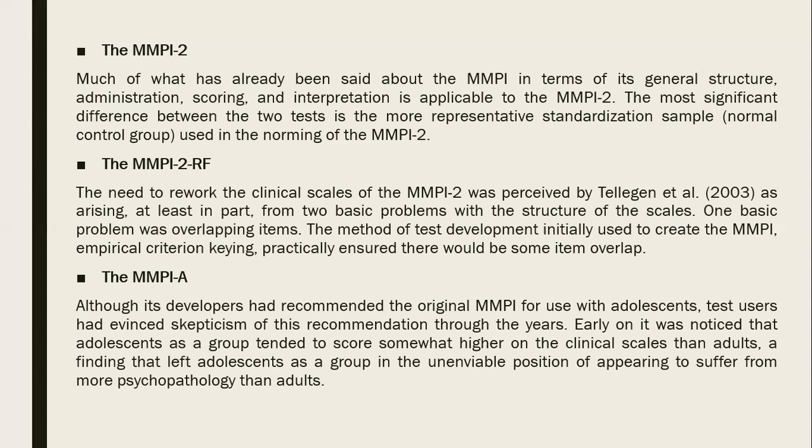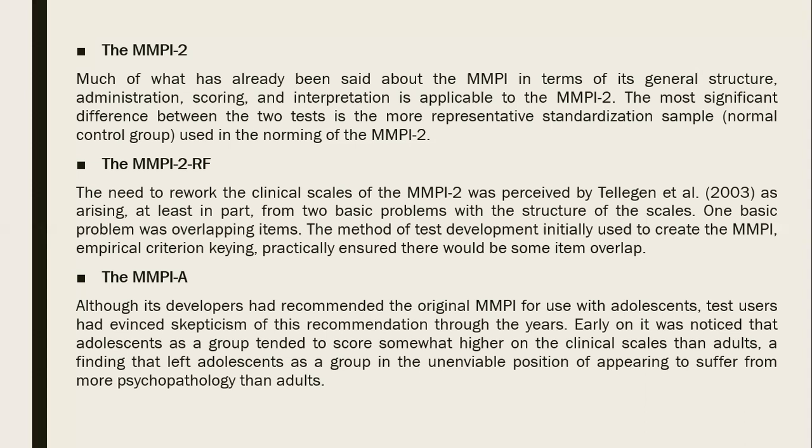The MMPI-2-RF provides accurate measurement of 40 dimensional constructs related to personality and psychopathology, with an additional 9 scales measuring protocol validity, or the individual's test-taking approach. The MMPI-2-RF also aids clinicians in the assessment of mental disorders, identification of specific problem areas, and treatment planning in a variety of settings.